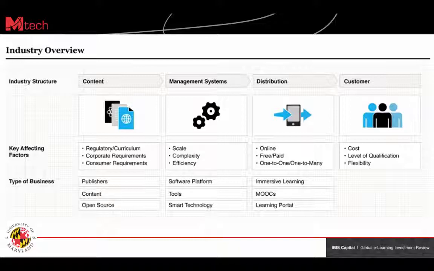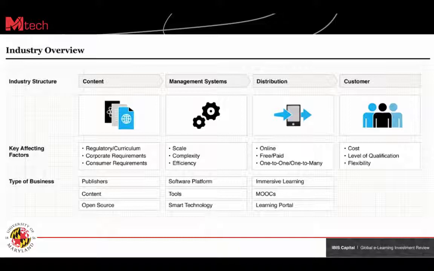My next item, management systems, are looking at scale and complexity and efficiency. These are the software platforms, the tools, the smart technologies, the learning management systems, the analytics, etc., that are factored into e-learning. The third element, distribution, arguably the most popular of late, is looking at online access, free or paid, one-to-one, one-to-many.